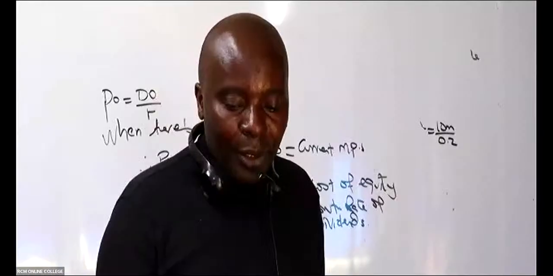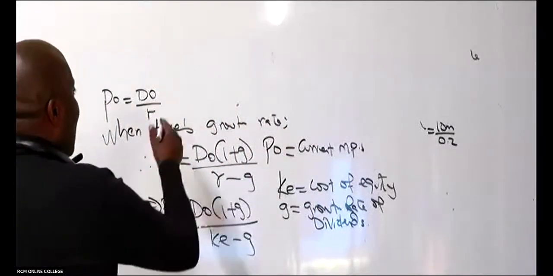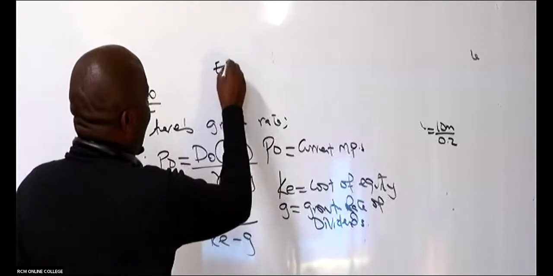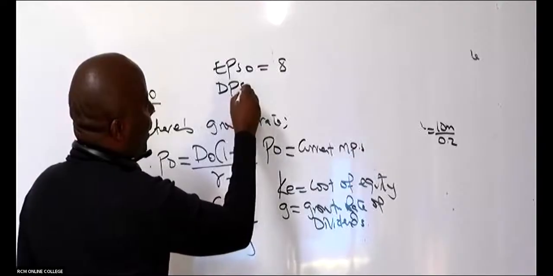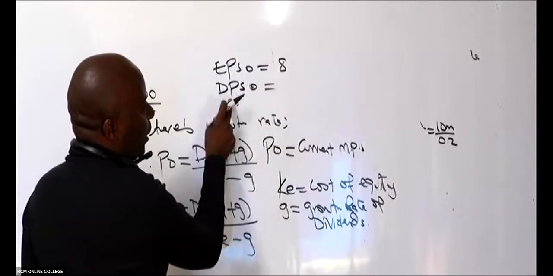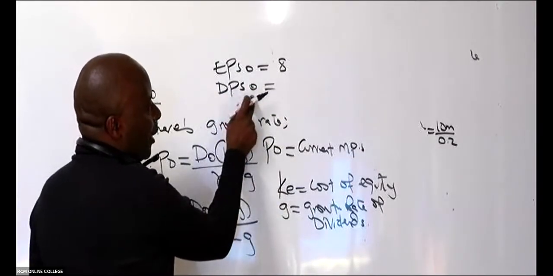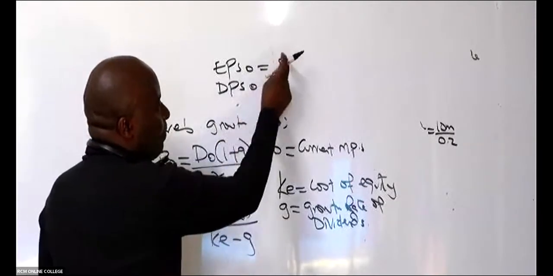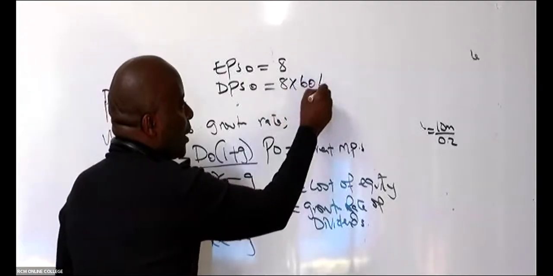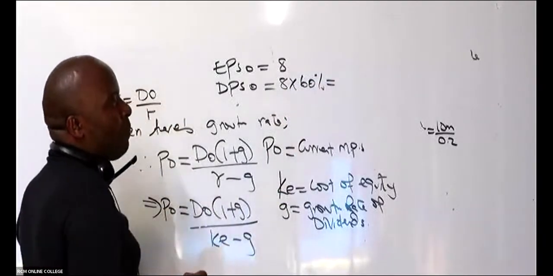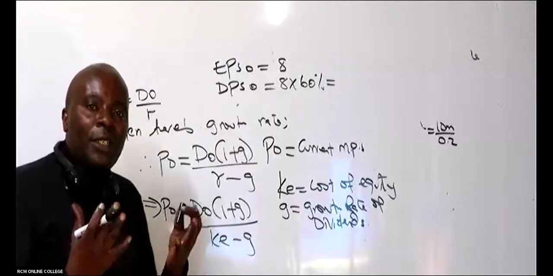So, ladies and gentlemen, we can see that the EPS in the current year is 8. So I can easily get the DPS, dividends per share, in the current year, because out of the company's earnings, these people are paying 60% as dividends.